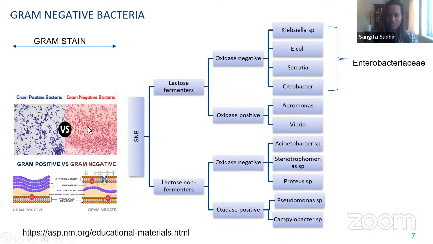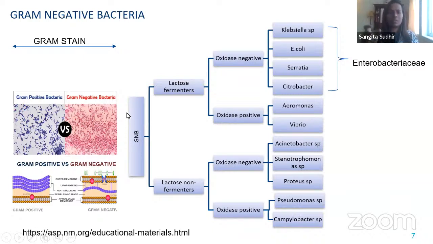This we have studied in our lower classes. In the gram stain, after the acetone wash, if it's retaining a purple color, then that means it's a gram-positive bacteria. And if it is getting washed out and retaining a pink color, then that is a gram-negative bacteria. And why is that? It's because of their peptidoglycan layer.